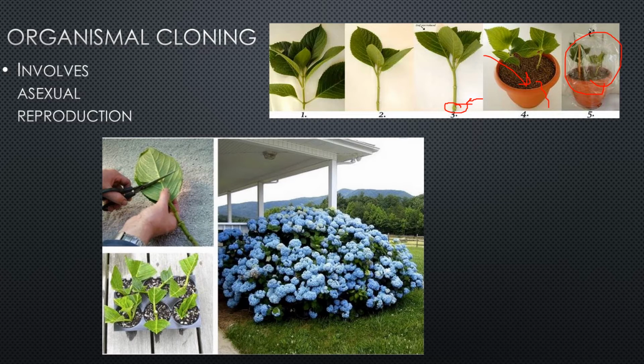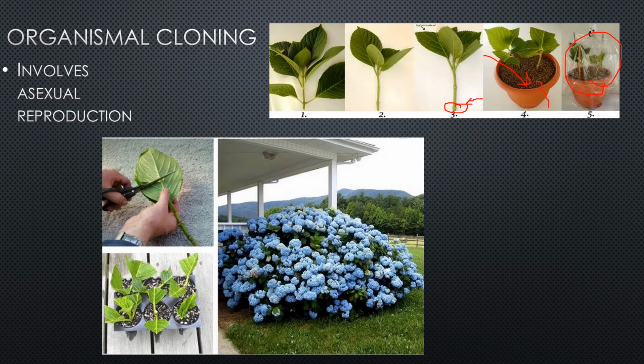And so when I am cloning my hydrangea, for instance, I can just put it in loosely packed soil, and the plant knows immediately that it's going to need to grow roots or it's going to die. Oftentimes when we are cloning, we take lots of different clippings and only some of them survive.